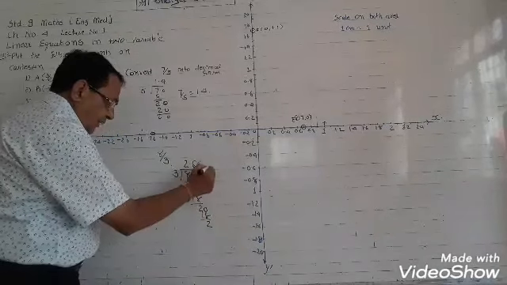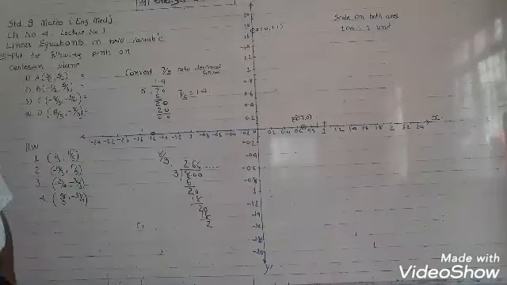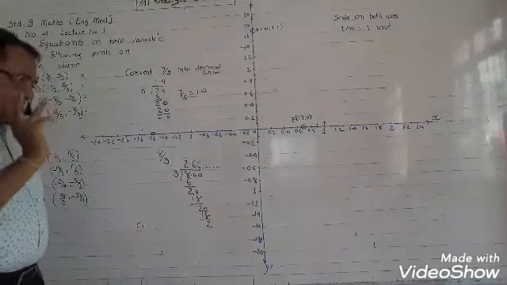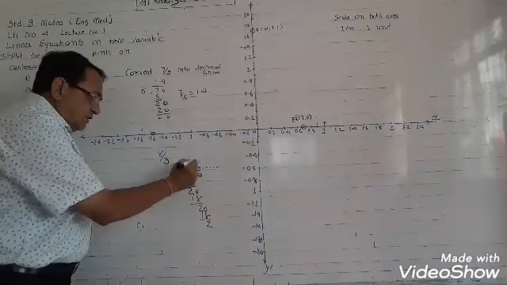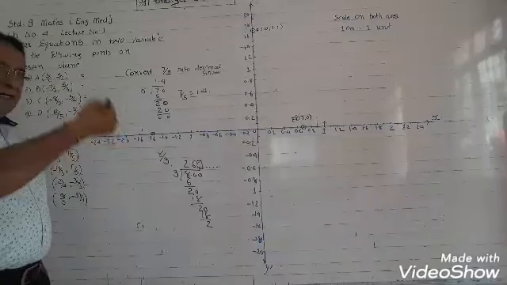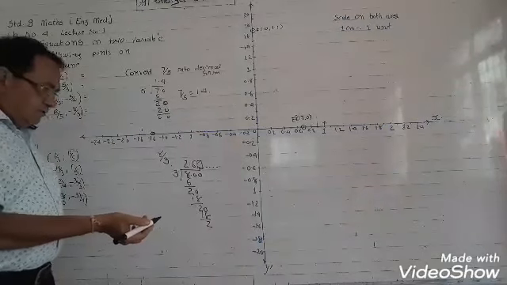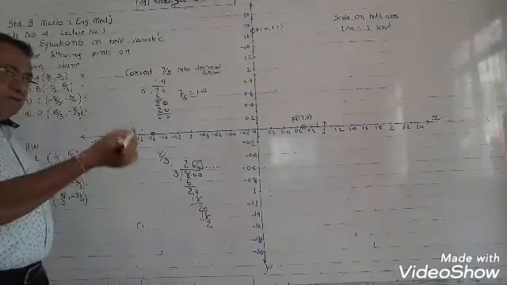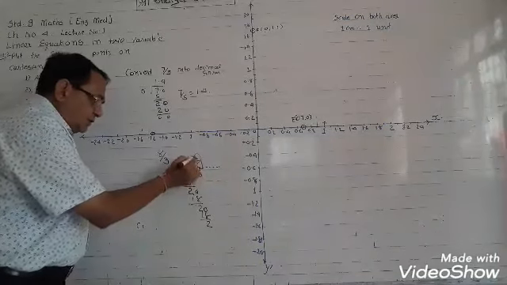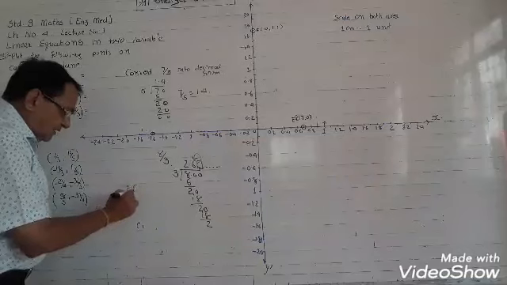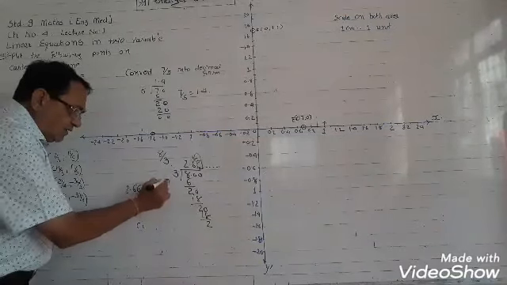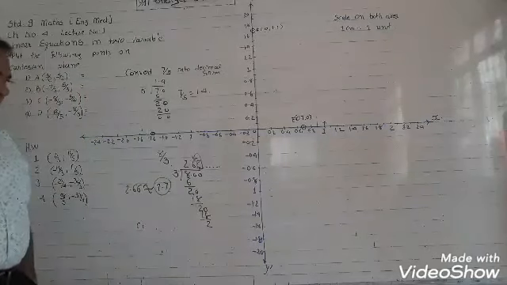So it is repeating. You have to take up to 2 decimals. If the digit is 5 or more than 5, that is 5, 6, 7, 8, 9, then you will add 1. 2.66 is just equal to 2.7. Take it as 2.7.